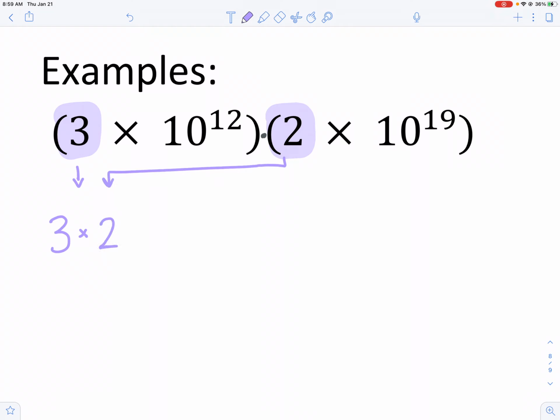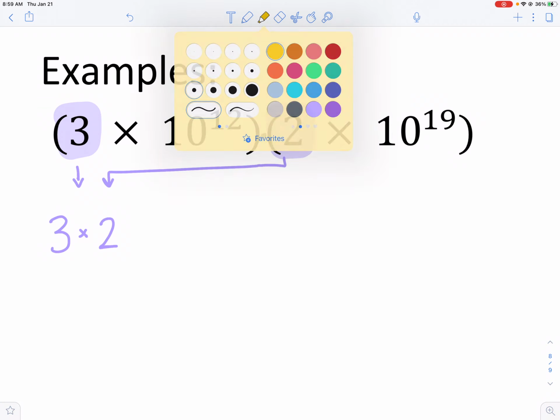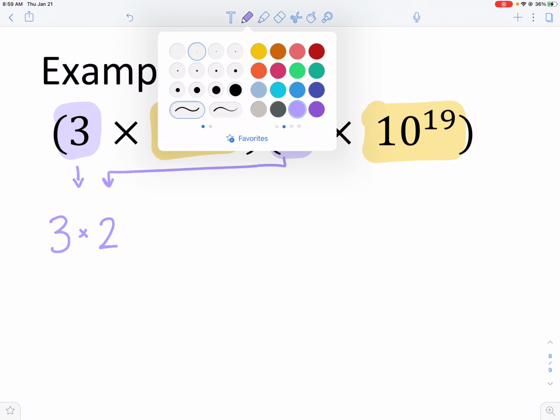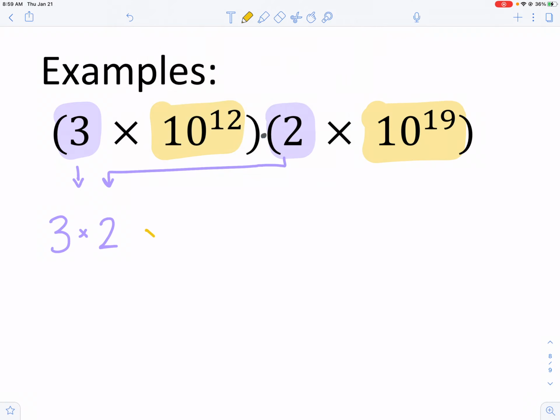Okay, so I'm moving the numbers up front. And then I'm going to move the exponents into the back. So 10 to the 12, and then 10 to the 19. So I just rearranged it, which we've seen before.